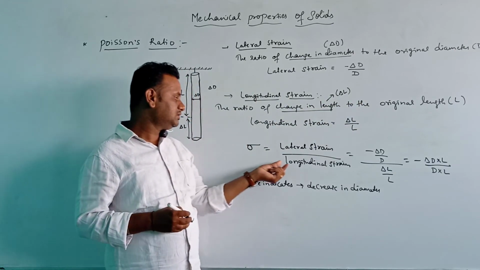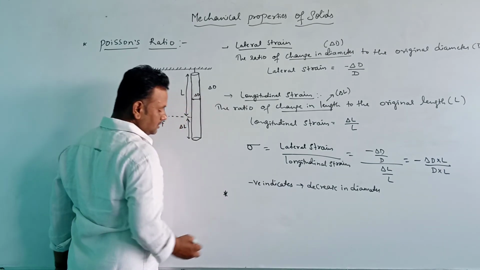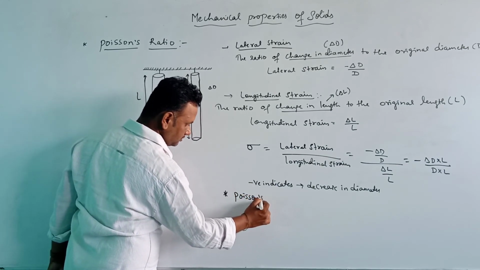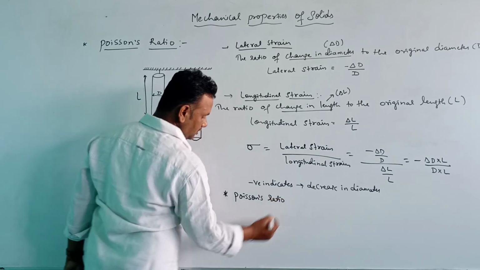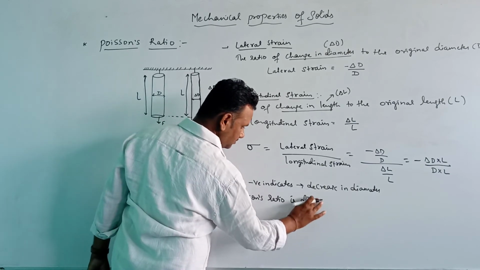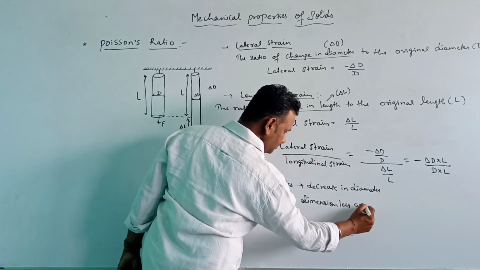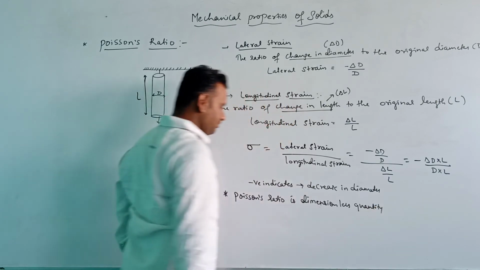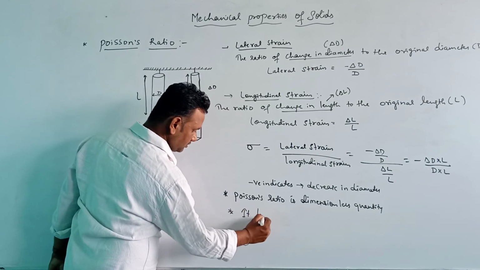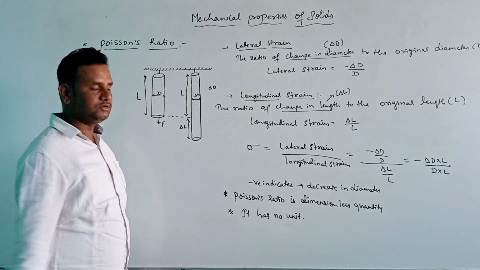One more thing to remember: Poisson's ratio is a dimensionless quantity and has no unit.